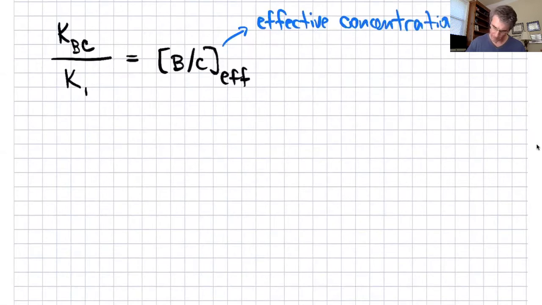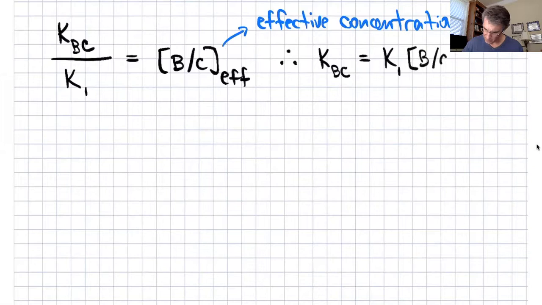Right? Okay. And we can rewrite that, because the following is true: I can define KBC as just being equal to the normalized free energy equilibrium associated with forming that hydrogen bond in the isolated groups, times the effective concentration of those two sites in that protein, right?